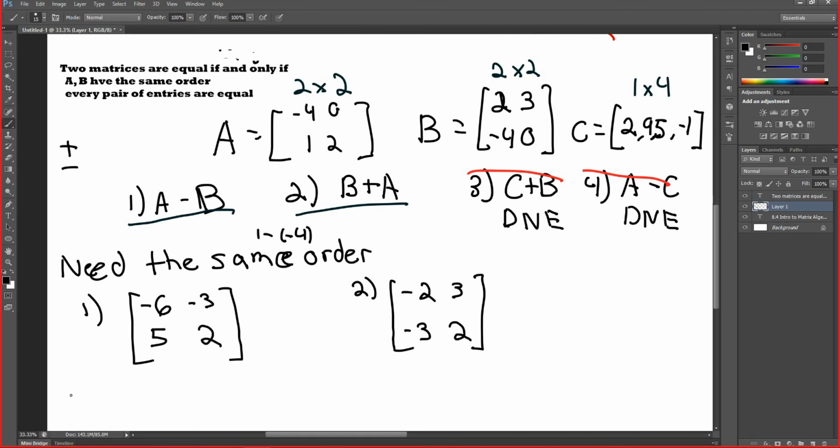So as long as you have the same order, I'm just going to use the text. The text tool is so much easier. So if you have the same order, and it disappeared on me.